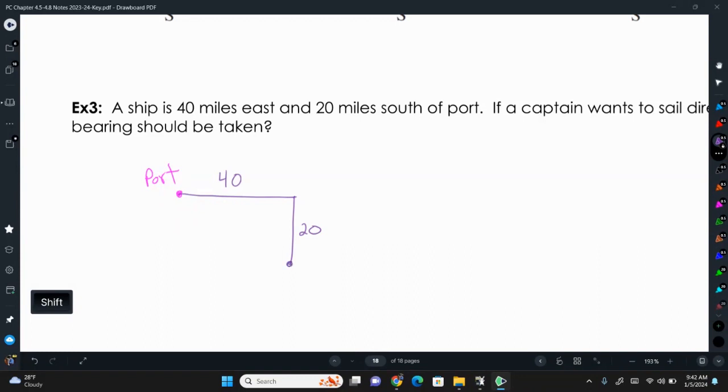So here is our ship. And it's saying what bearing, to go directly to port, what bearing does the ship have to take?